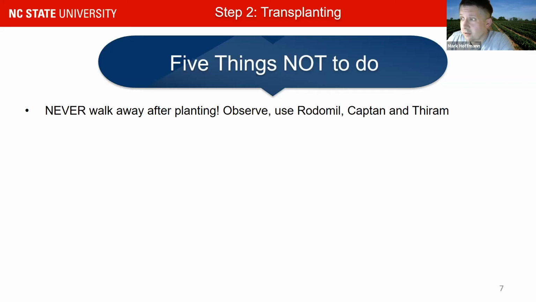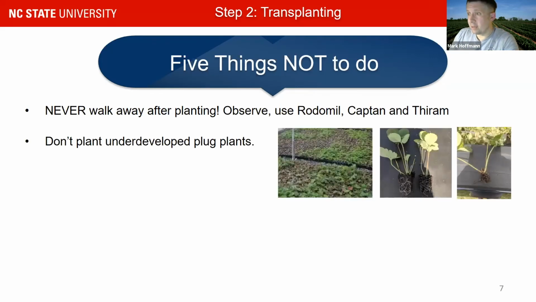I also recommend ordering more than you need, because you're going to have to replant. Especially with the new diseases which are around, instead of 3 to 5%, you might want to plan for maybe 10% of plants which you probably have to replant. So that is what I recommend.